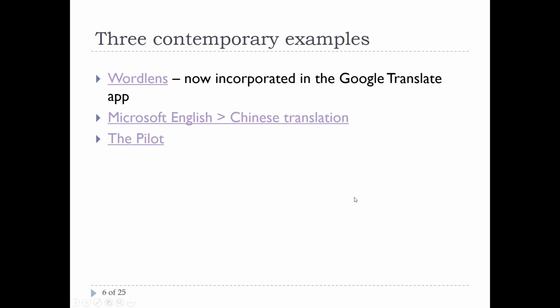So I've posted some ideas for contemporary examples of machine translation that have been developed or are currently still being developed. The first of these was a mobile app. It's now incorporated into Google Translate. And then the second involves a demonstration of Microsoft's English-Chinese voice translation.